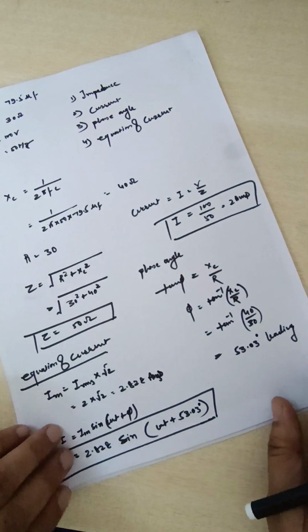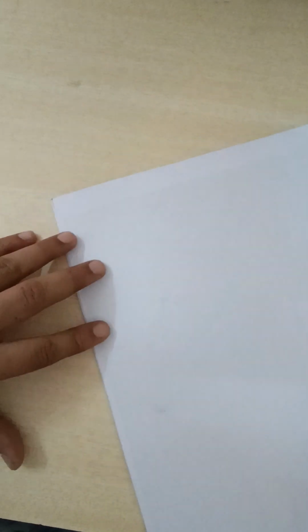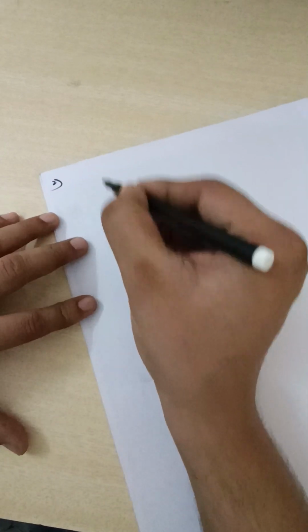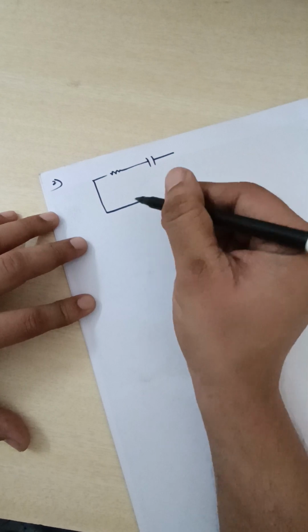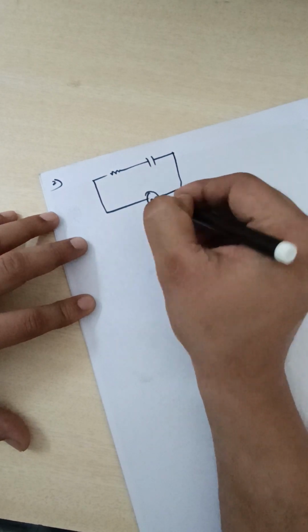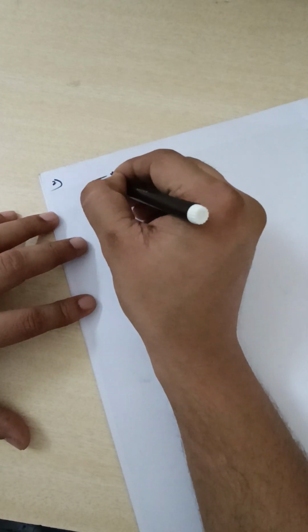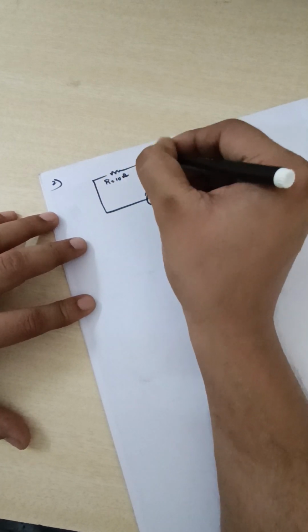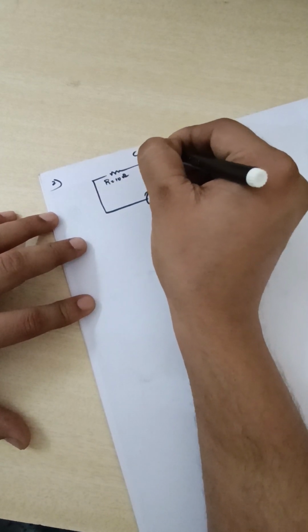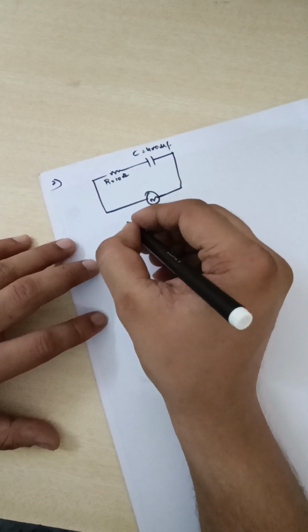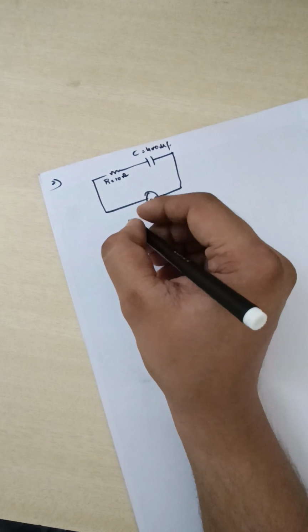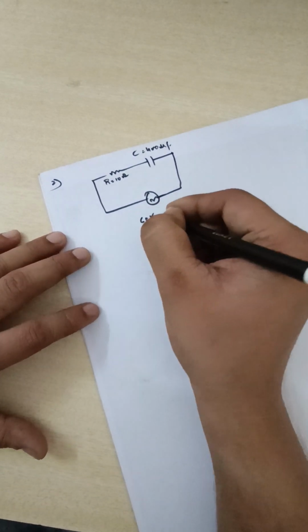Let's do one more question. It is given that we are having a circuit. In this circuit, R is given 10 ohm and C is given 400 microfarad, and supply voltage is given 60 volt.